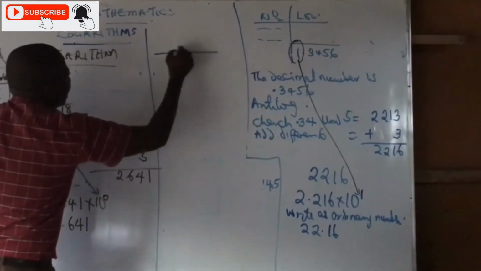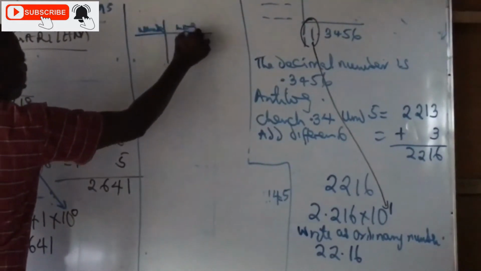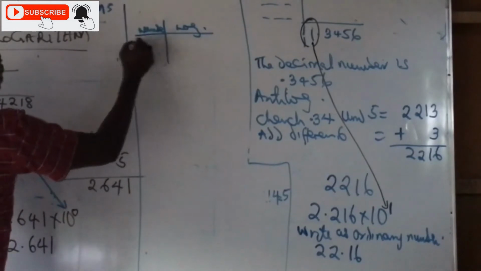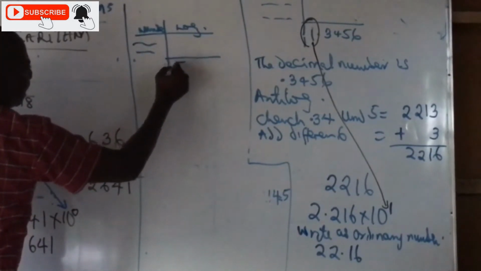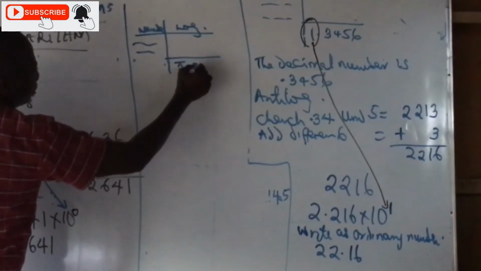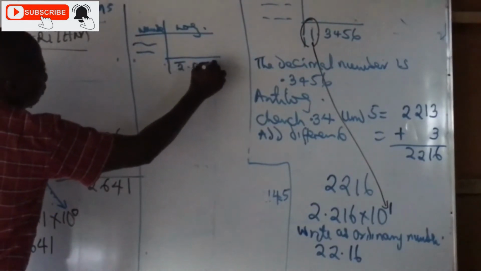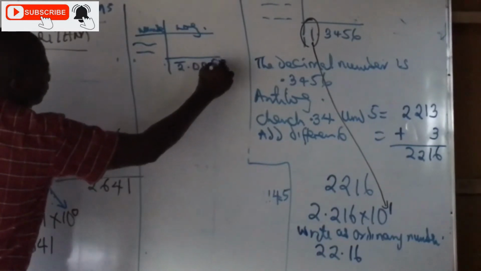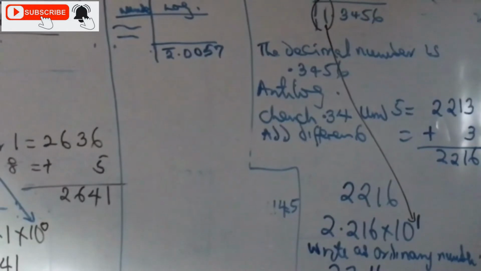If you have checked the number and the log, let's say you now come with bar 2.0057. How do we check this one?